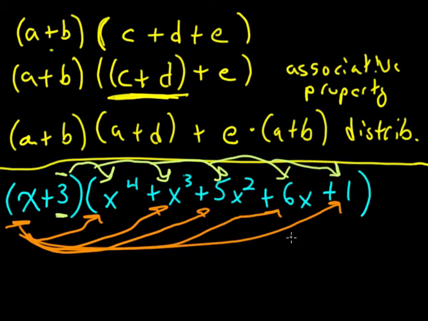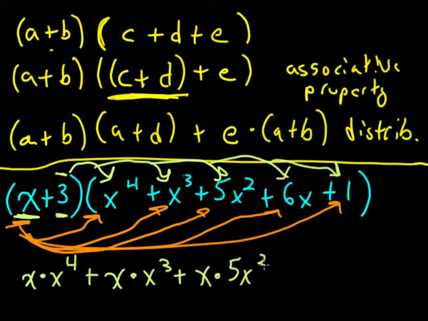And so this creates a lot of terms. So what I normally do is I start with x, and I go x times x to the 4th plus x times x to the 3rd plus x times 5x squared plus x times 6x plus x times 1. But I'm not done. The 3 needs to happen next.